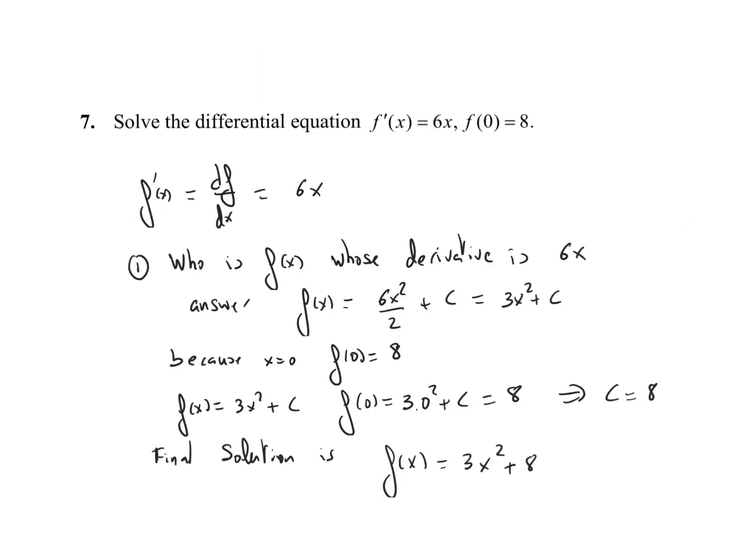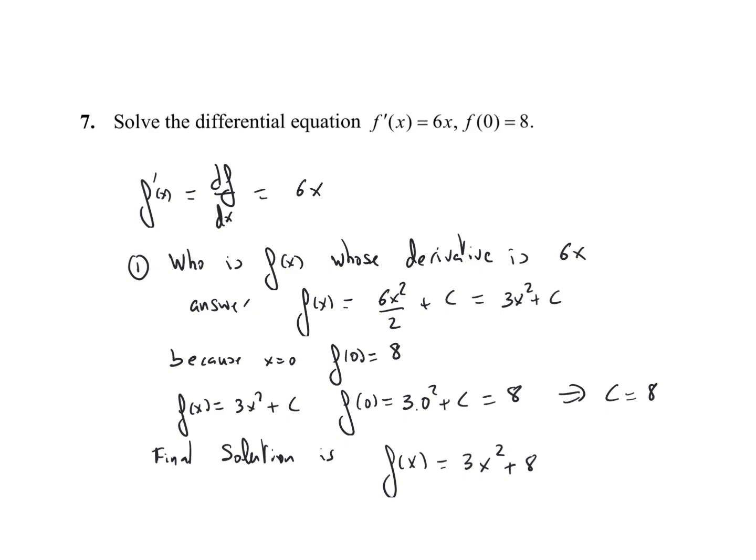So in this problem, problem 7, they say the derivative of a function is 6x, and the value of the function at x equals 0 is 8. And what it's asking is who is f of x. We know who is f of 0, but who is f of x?